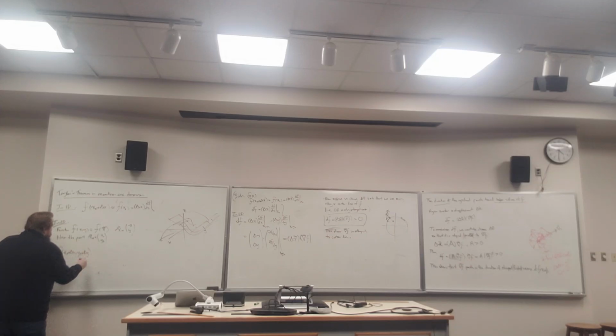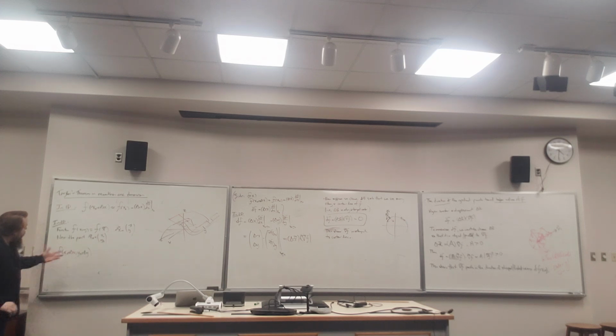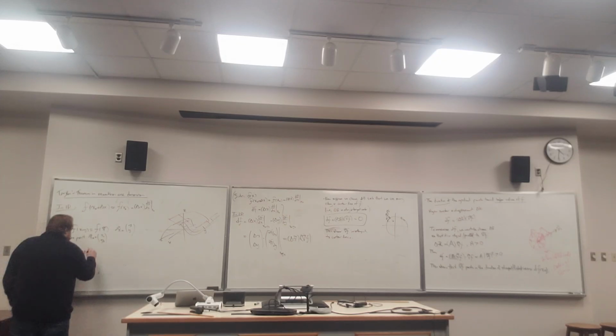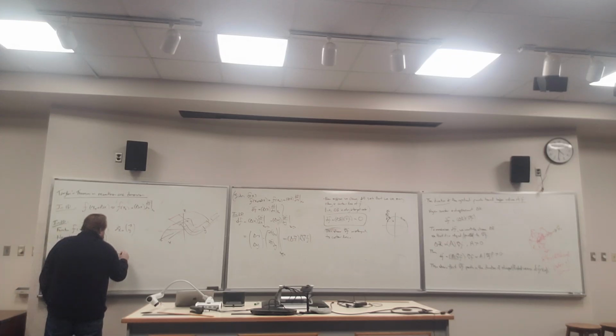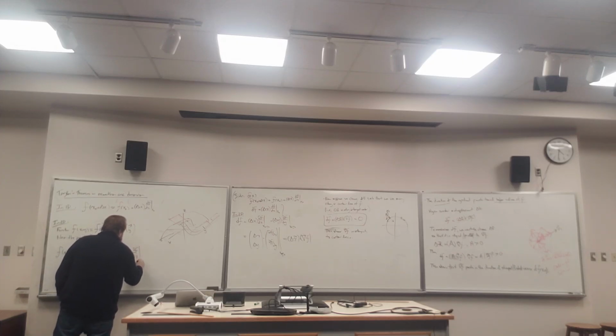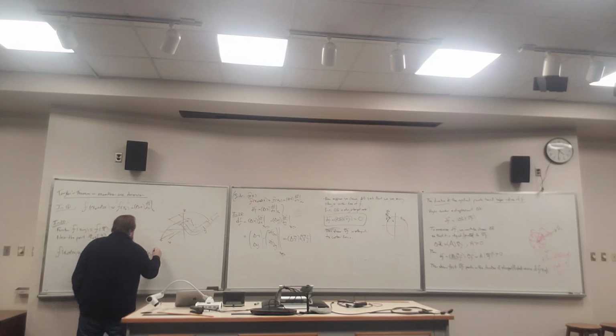Again, we're looking near a base point, x naught, y naught, and we allow ourselves to wander in the plane a distance delta x in the x direction and delta y in the y direction. That's approximately equal to f of x naught, y naught, plus, and now here is our first order Taylor series in 2 dimensions.